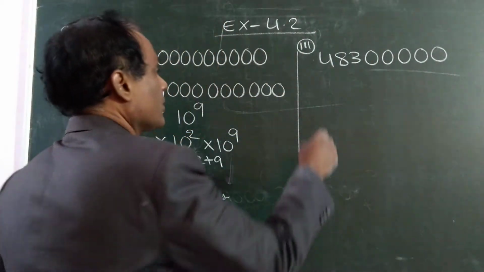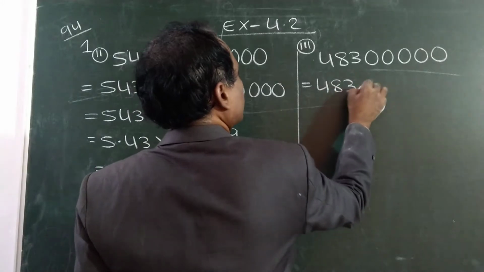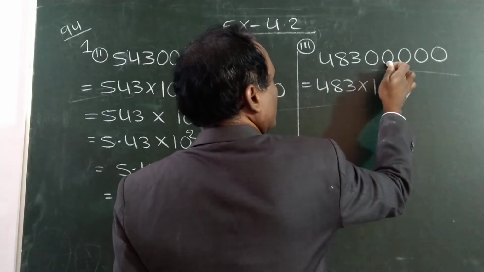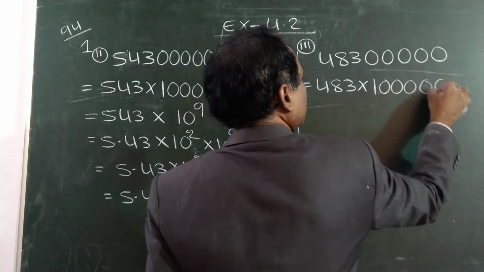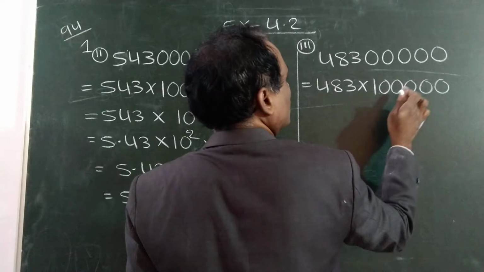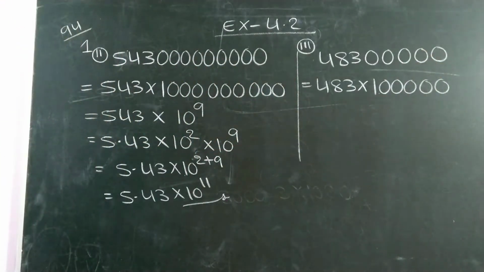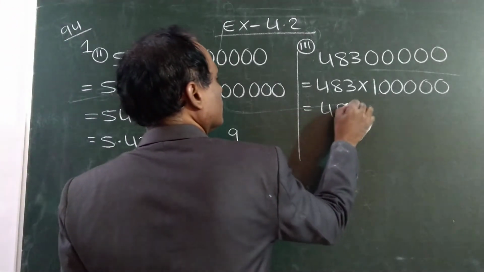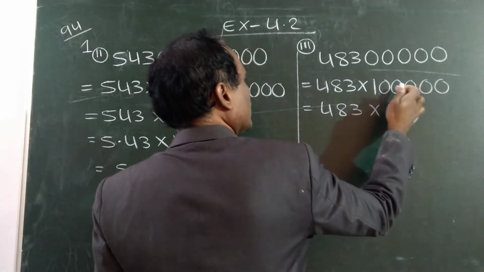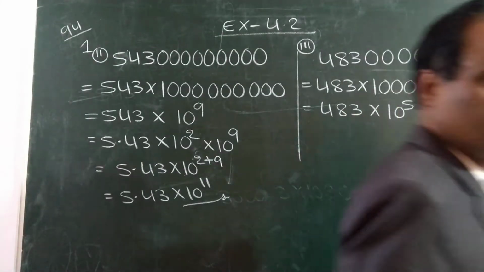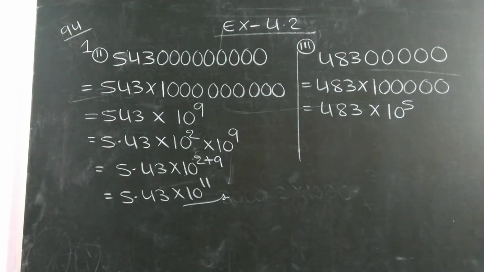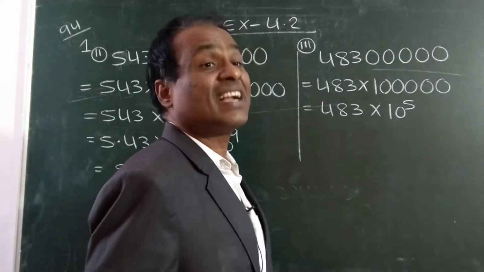See here, 483 into 10 power 5, with 5 zeros. The decimal should be after one digit.